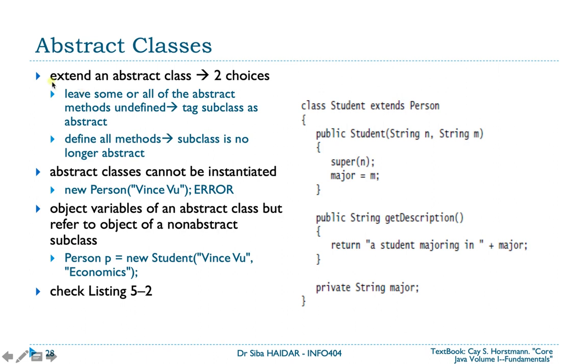Okay, so to extend an abstract class, you have two choices: either leave some or all of the abstract methods undefined, and then the extending class must in its turn stay abstract, or when you define all the methods, you can remove the keyword abstract from the class declaration. Abstract classes cannot be instantiated.